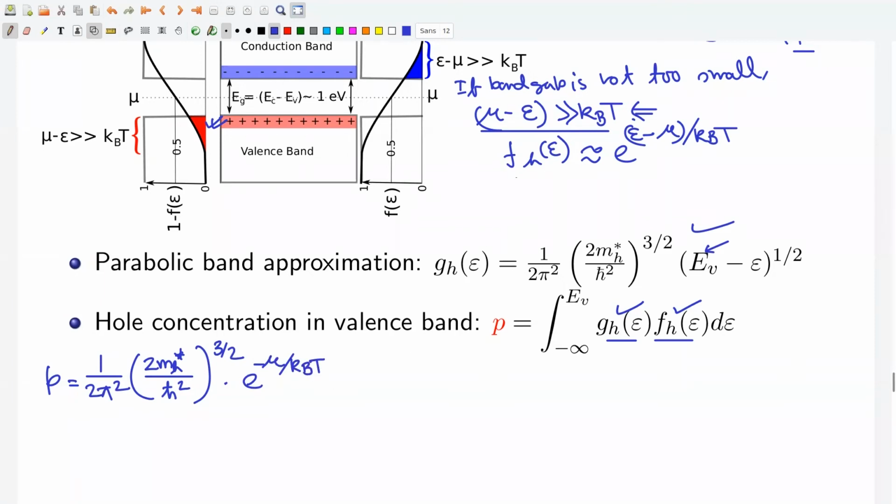Keep in mind that we are using this expression for FH.